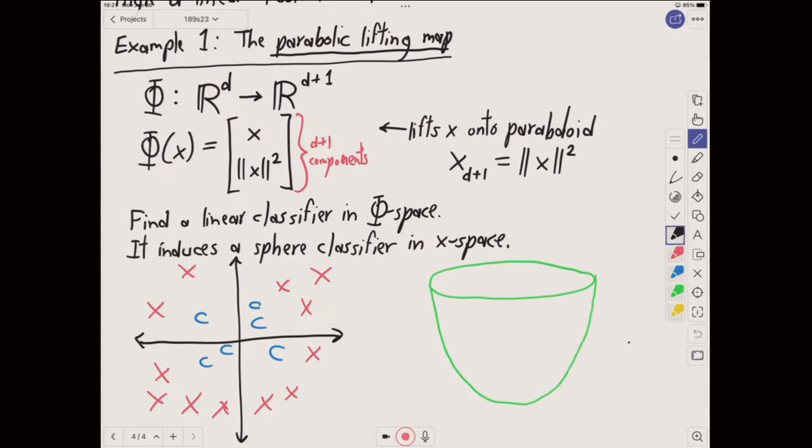And now here, the vertical axis is the new third coordinate that I've added to the end of every input vector. And when I map these points onto the paraboloid by making x squared be the third component, now what I'll see is that the C's tend to be in here, and the X's tend to be around here. All of these points actually lie on that green paraboloid. So now this on the right is 3D space.